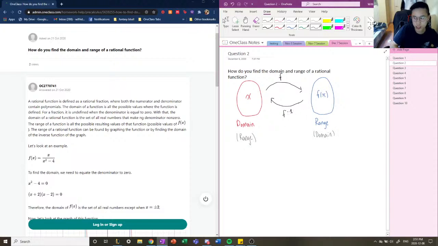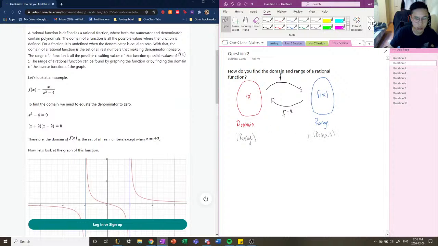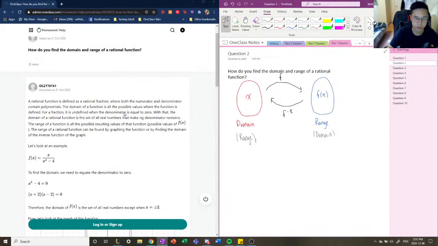So by finding the inverse function and figuring out its domain, we can find the range of the original function. Sometimes it's hard to find the range because you can't graph out the whole function itself, and most of the time we can't really figure out where f of x doesn't exist. All right, so we're going to use this trick to solve this problem.